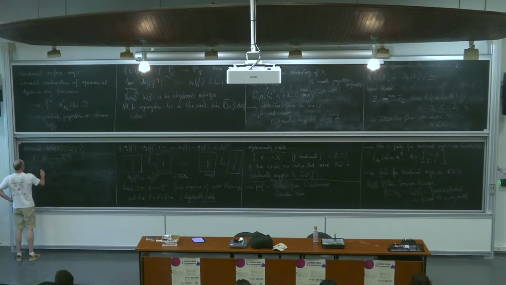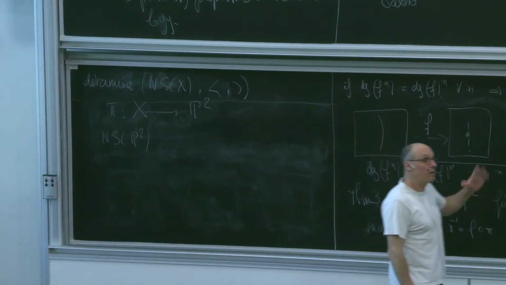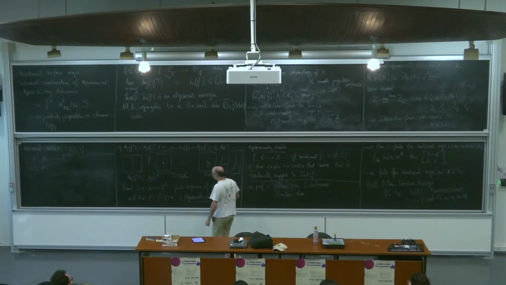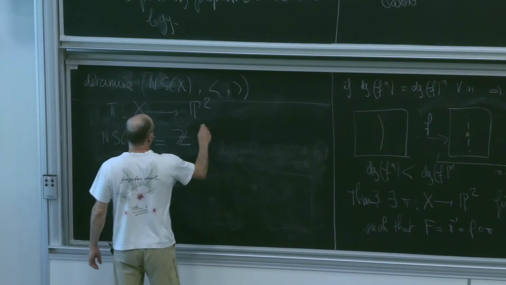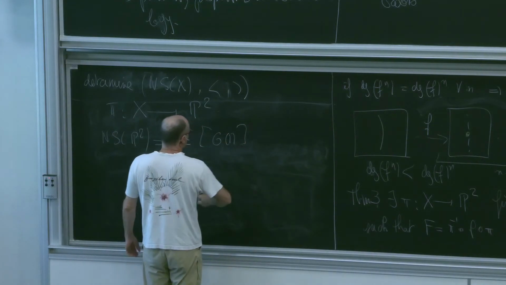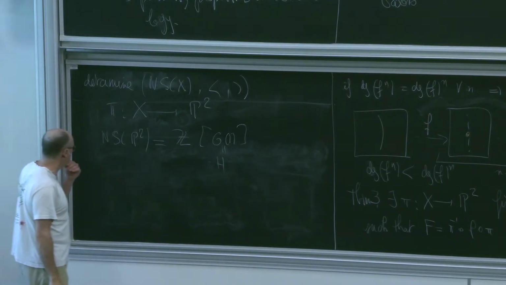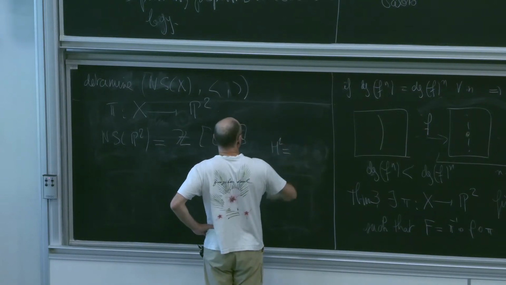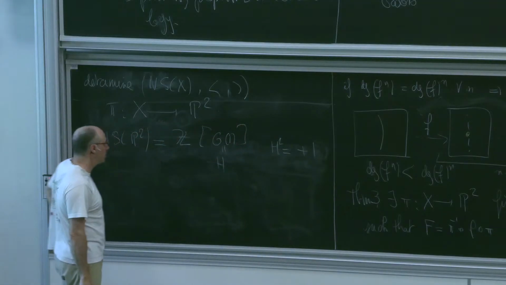And here it is not too difficult because the set of divisors up to linear equivalence is generated by O(1), so you get Z times O(1). I don't like O(1) usually, so I write this as H, like the hyperplane. And the intersection form H squared is plus 1, right? The intersection of two lines is 1.